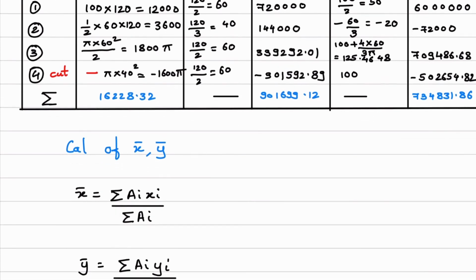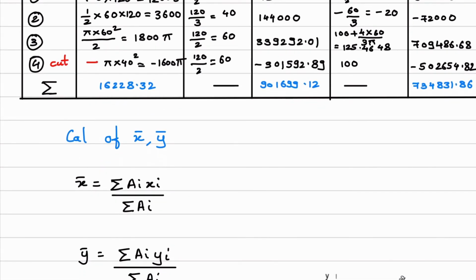So X bar is summation AI XI upon summation AI, which is equal to 901,699.12 divided by 16228.32.